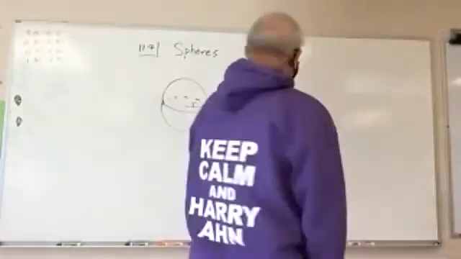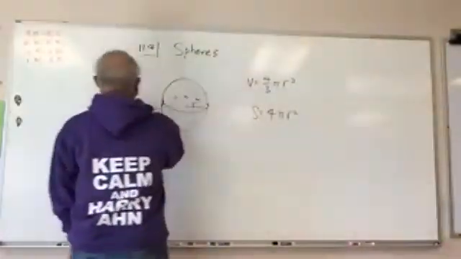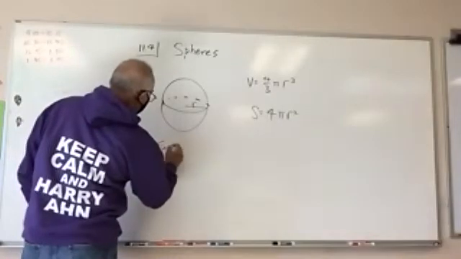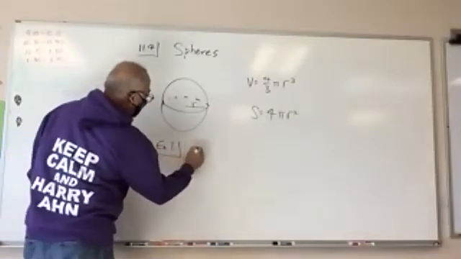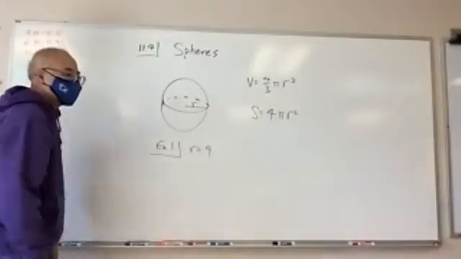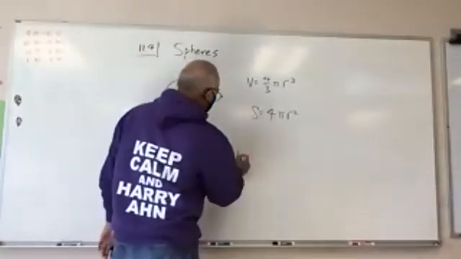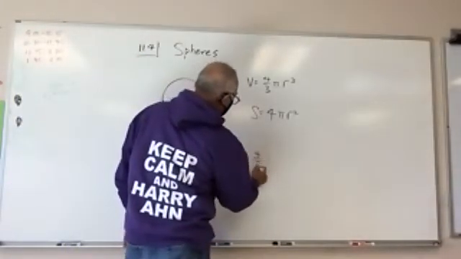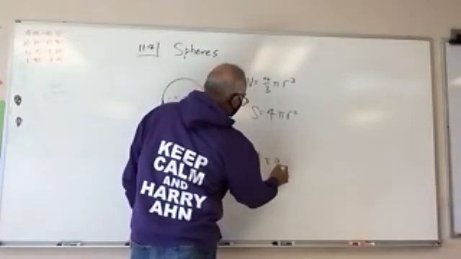Example number 1: find each measurement, giving your answer in terms of pi. We are told that r is equal to 9, and they want us to find the volume. So the volume is 4/3 pi r cubed.